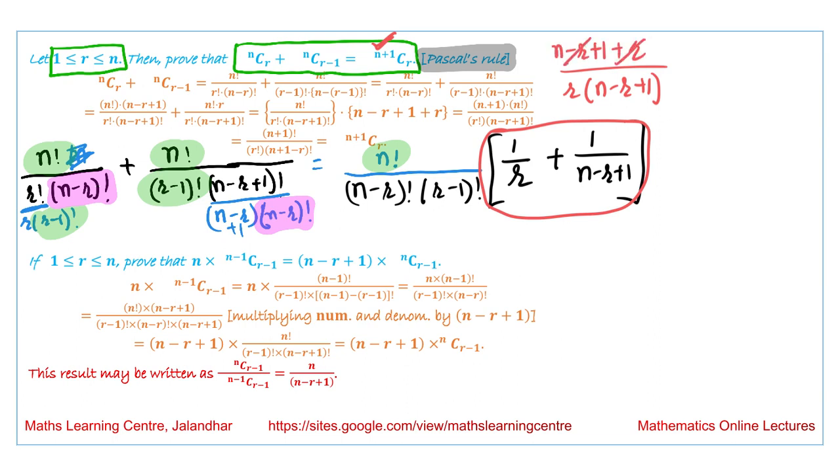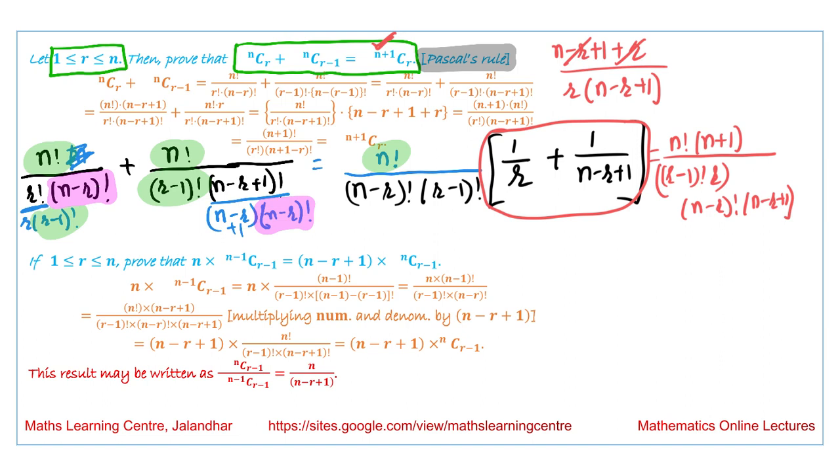These two terms get cancelled. So what we are left with is n factorial into (n plus 1), divided by, in the denominator, (r minus 1) factorial into r, and (n minus r) factorial into (n minus r plus 1).